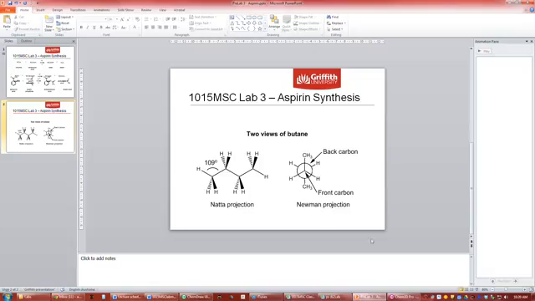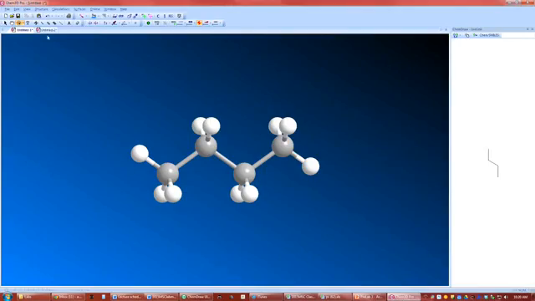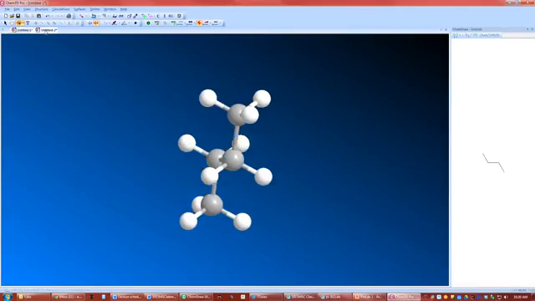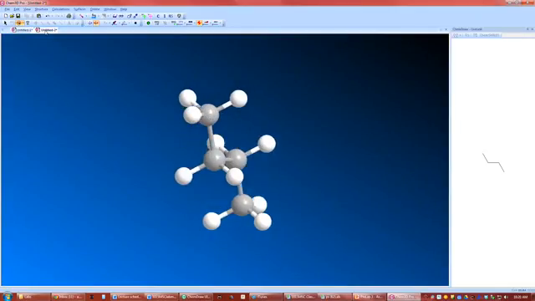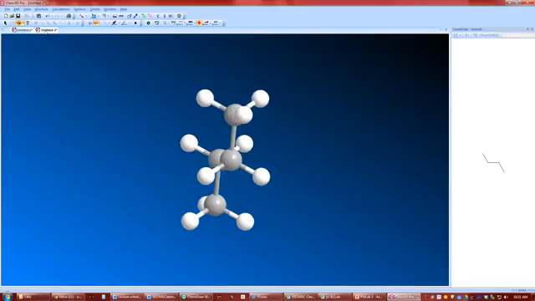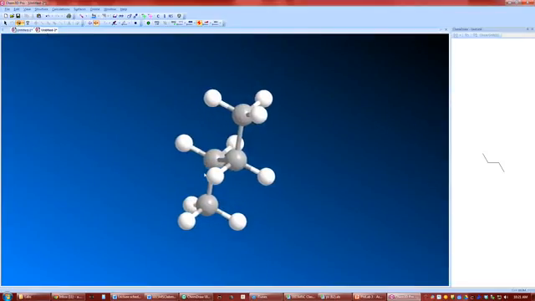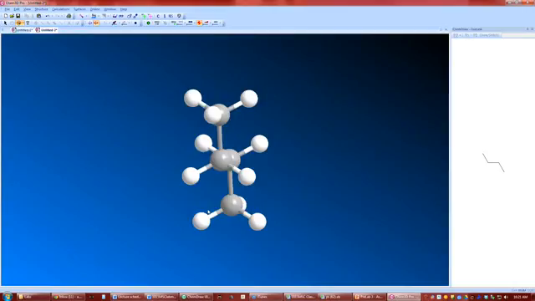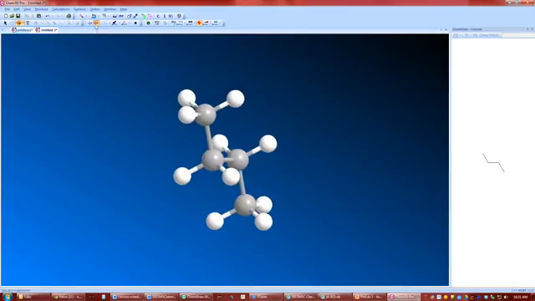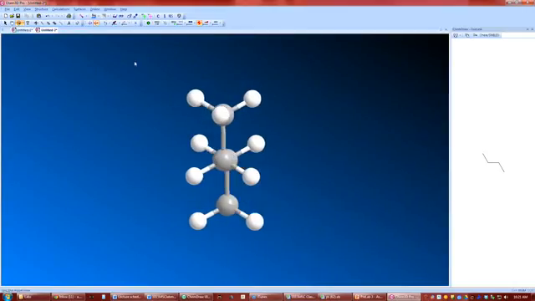With the Newman projection, this is if we were to take another perspective of the molecule. This time, I've rotated the molecule, and if we look down a central carbon-carbon bond, we've got the 4 carbons there, it's still butane, just the molecule's rotated. If I was to pause this, we have this carbon-carbon bond that we look down.